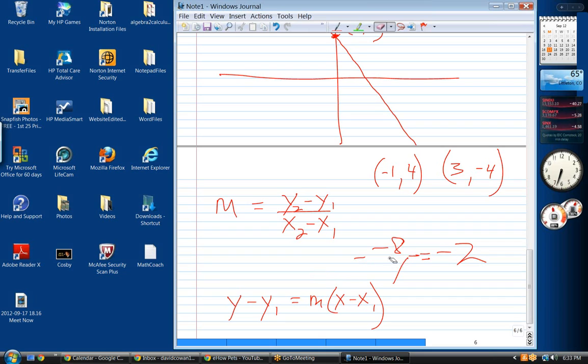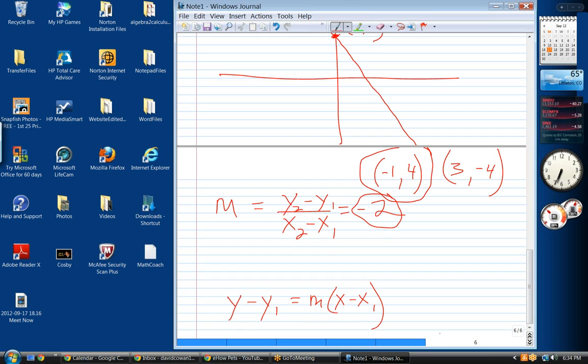So if I use the slope that I've already calculated, and I pick 1 point, and I always pick the point that has the smallest numbers because it makes the math easier. So I'll pick this point here, and we'll plug it into this point-slope format.